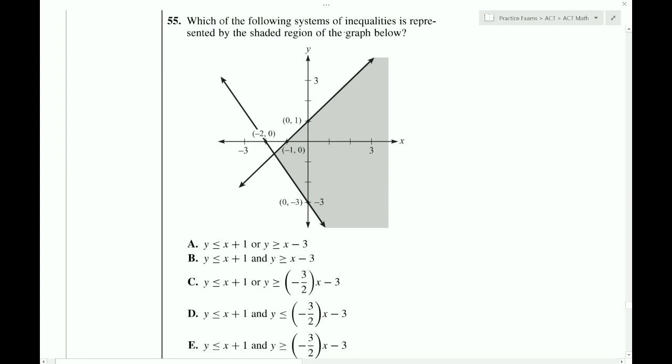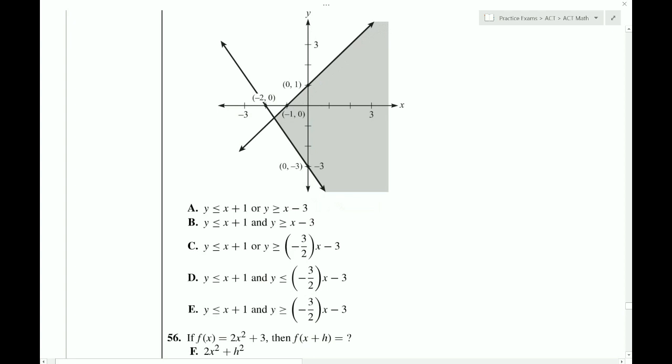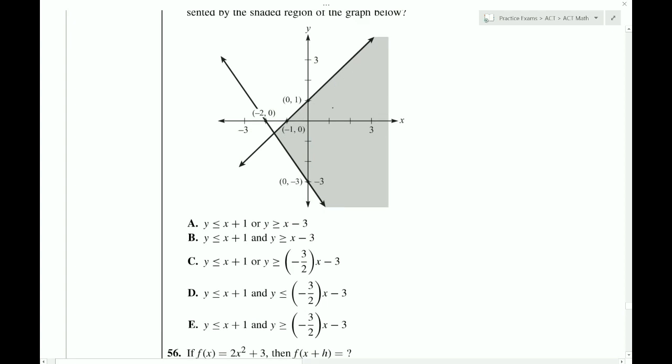Which of the following systems of inequalities is represented by the shaded region of the graph below? Alright, so in this case, first thing we'd like to do, perhaps, is to find out which equations are involved. Okay, so we use the concept of y equals mx plus b, where m is the slope and b is the y-intercept.